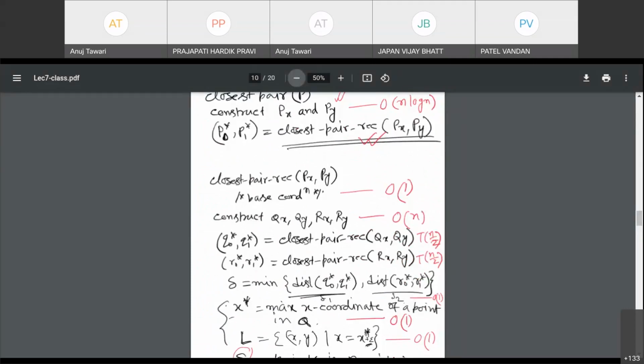So it looks complicated, this new algorithm, but it kind of works out. I'll just quickly run through this algorithm, but you get the main idea. We are just pushing the sorting by y coordinate step to the starting of the algorithm. So you construct this Px and Py. So what is Px and Py?